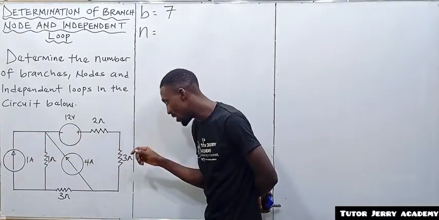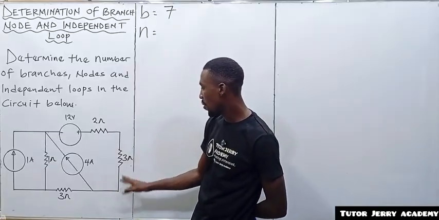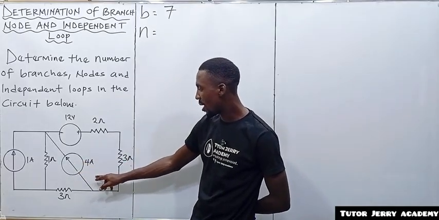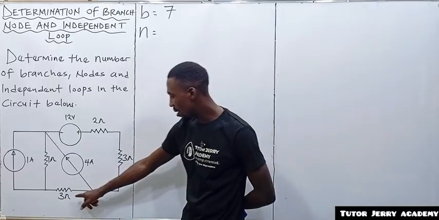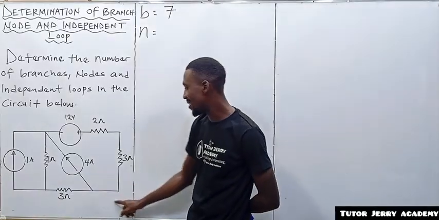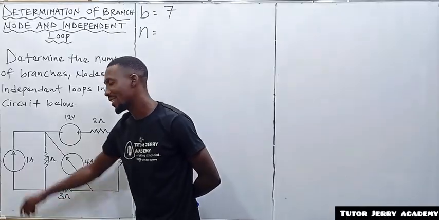Here too, we are going to treat it as a single node. If you look at this, we have 3 ohms connected to the 4 A current source, and connected to another 3 ohms. So we are going to treat this part as another single node. Similarly with this part, we are going to treat this part as a single node.